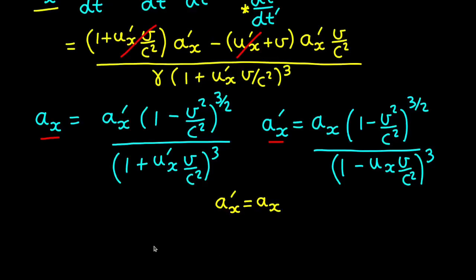We can also see that the relativistic acceleration reduces to the classical result when the ratio of ux to the speed of light is very small, and the ratio of the relative speed between the frames to the speed of light is also small, as we can see from this expression. So although the frames are inertial, in special relativity, the motion of the objects may be accelerating with respect to these frames.